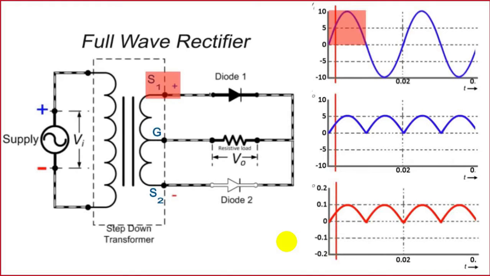So S1 is getting the positive value, G is getting the 0 value, it's ground, and S2 is getting the negative voltage. So when S1 is positive, diode D1 is forward biased, and because S2 is negative, diode D2 is reverse biased. Here, when the diode is forward biased, it allows the current to flow through the load.